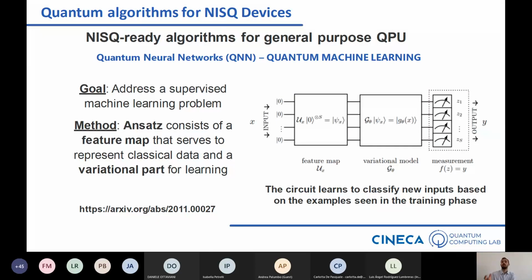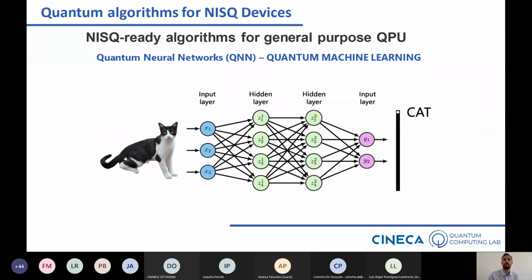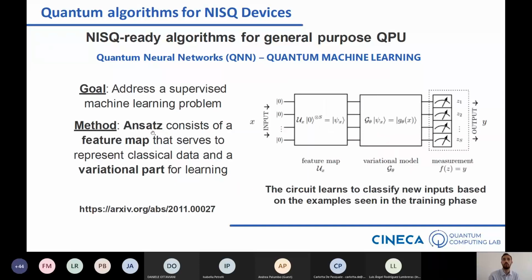The idea in a quantum neural network is very similar, but could also be different. The goal is again the same: you have to classify something, a supervised machine learning problem. Usually the ansatz consists of a feature map, a set of gates that maps your classical vector, for example the photo of a cat, into a quantum state.